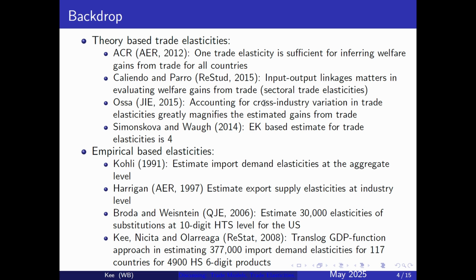But after that, you have Caliendo and Parro's paper saying that perhaps we add a little wrinkle to it. How about input-output linkages, sectoral linkages? And then they estimate sectoral elasticities. So moving from aggregate trade elasticity, you move down to sectoral elasticities. And then they show that with that, the estimated gains from trade are much larger.